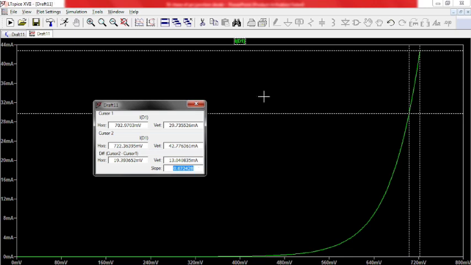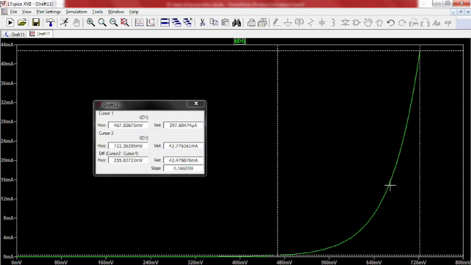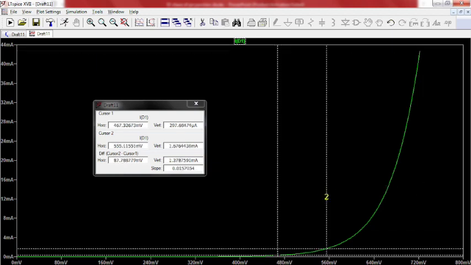Initially we got 27 ohm. In this case we got 1.48. That means the dynamic resistance will be smaller than the static resistance. In the initial part, where the current value starts increasing, the resistance will be very high, so the current is very small.